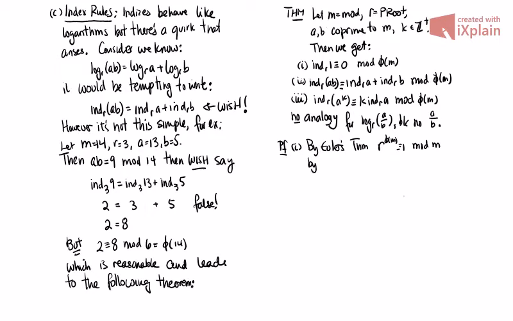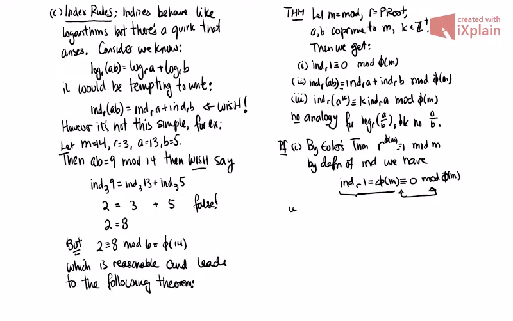So by the definition of index, we simply have the index base r of 1 is phi of m, but that's the same as 0 mod phi of m. The first part of that statement follows from the definition of indices, and this is just a congruence because it's mod phi of m. And that's the whole proof right there.